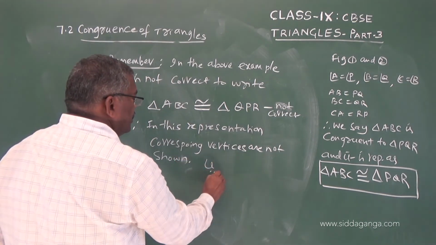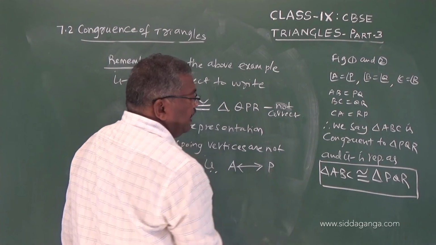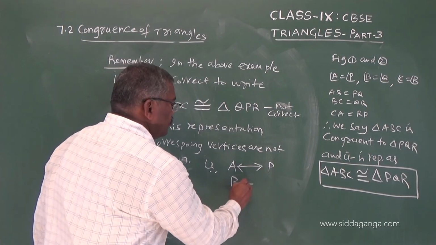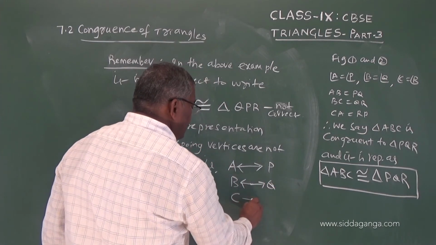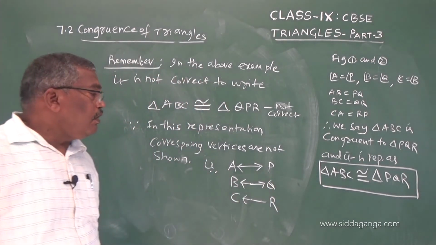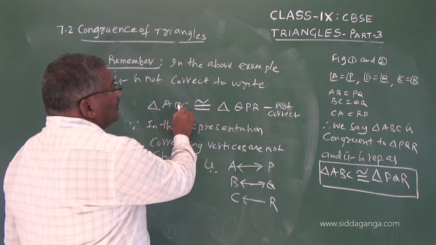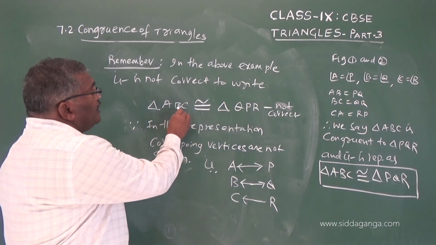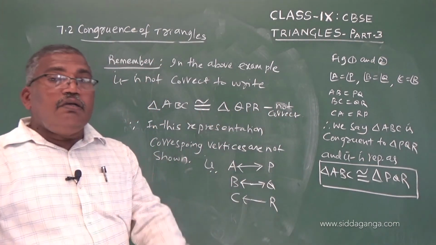That is, A corresponds to P, and B corresponds to Q, and C corresponds to R. So when we write ABC here, we have to write PQR only. Instead of ABC, if I write BCA, then you write PRQ. So in the same order you can change it.